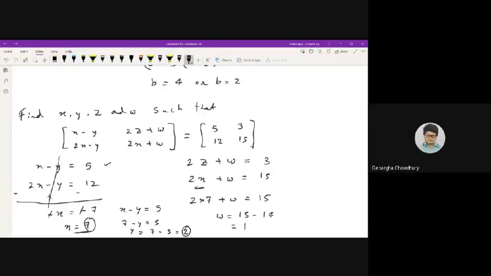Now only one thing is left, to get the value of z. It's quite simple. We would put the value of w in this equation. So it's 2z plus w equals 3, isn't it? So it's 2 times z plus 1 equals 3. Correct?